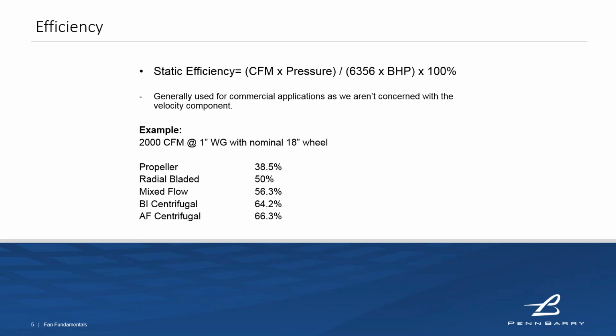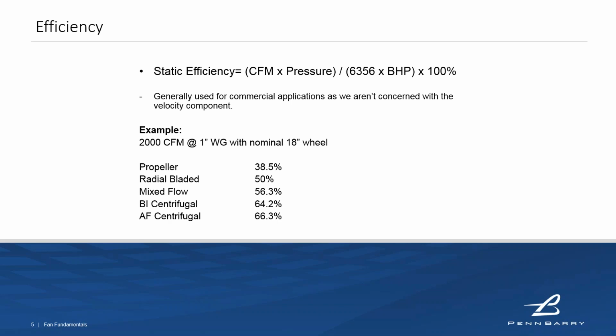So when we say efficiency, what are we really talking about? We're talking about static efficiency. In general, efficiency has 3 ways that we can measure it. Total efficiency is the sum of static efficiency and the velocity component. With static efficiency, we're removing the velocity component.